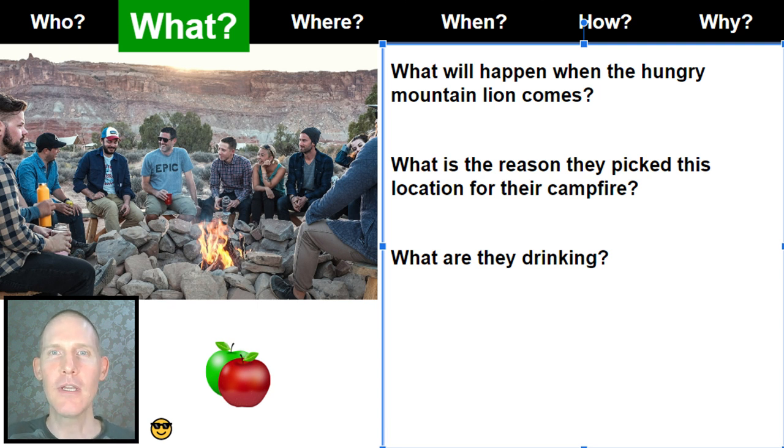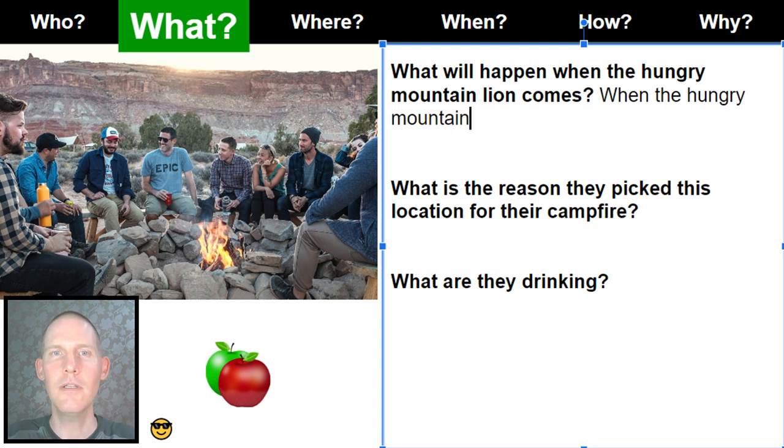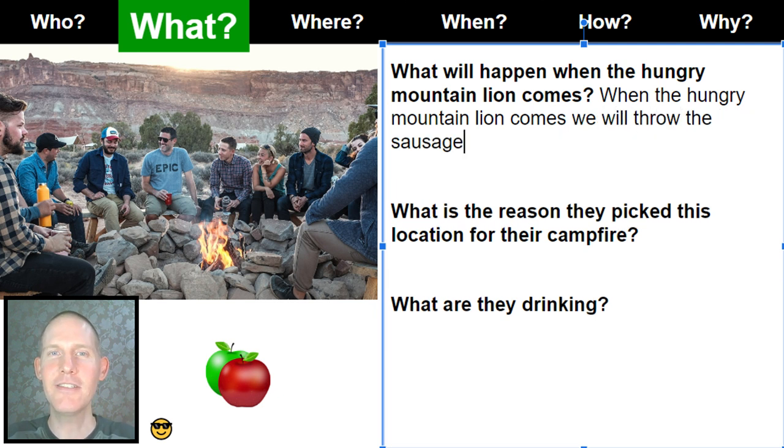So let's see. What will happen when the hungry mountain lion comes? So the long answer, when the hungry mountain lion comes, we will throw the sausages at it.